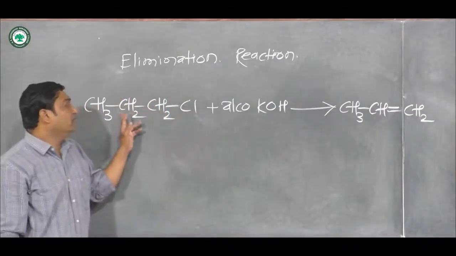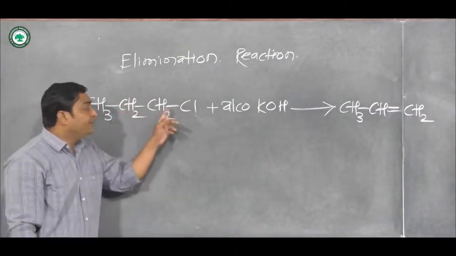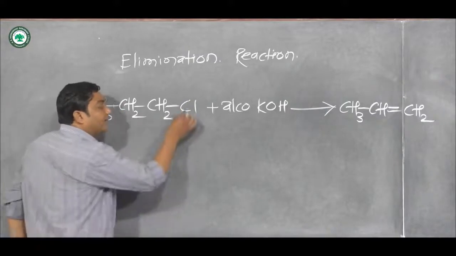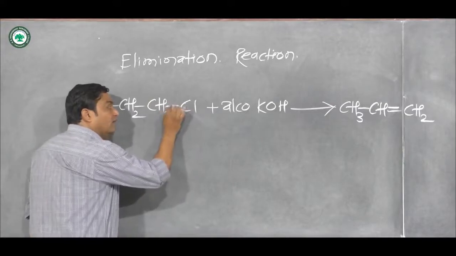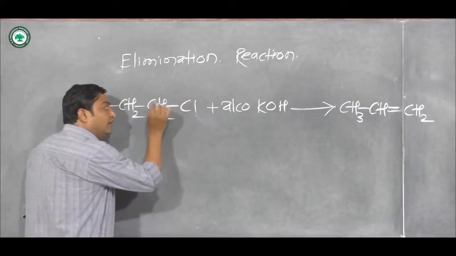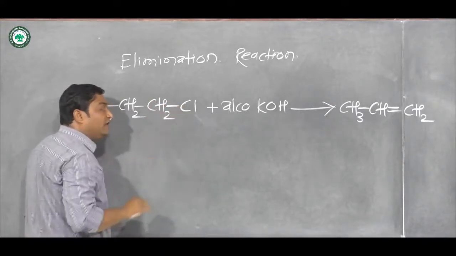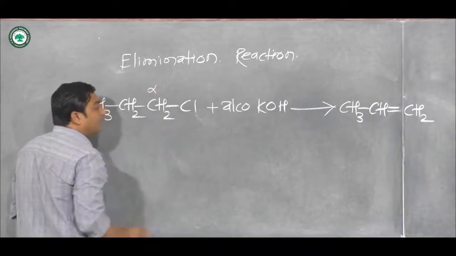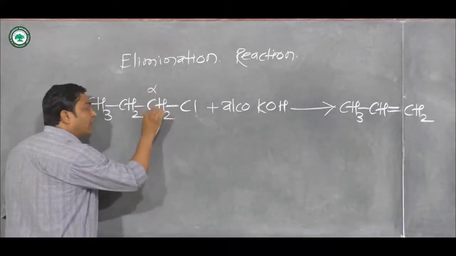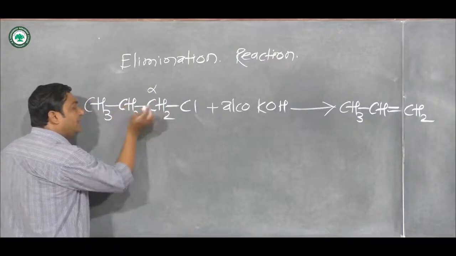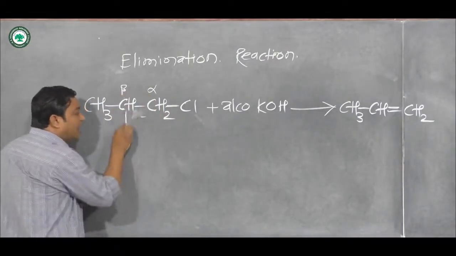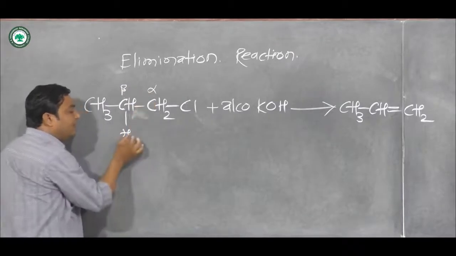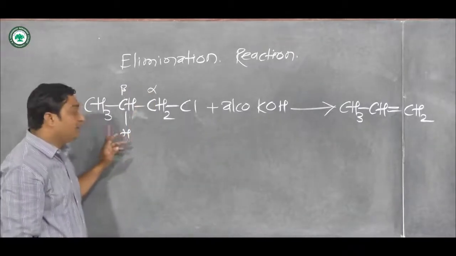Now, look at this example with respect to the halogen atom. The carbon atom which carries the halogen atom is the alpha carbon atom, and next to the alpha carbon atom, this carbon atom is the beta carbon atom. The beta carbon atom carries a beta hydrogen atom.